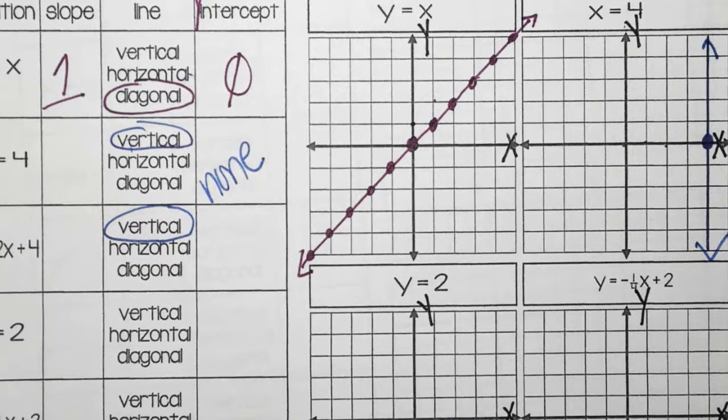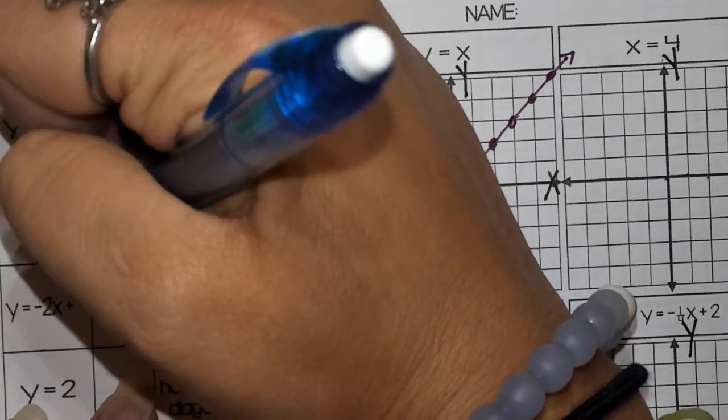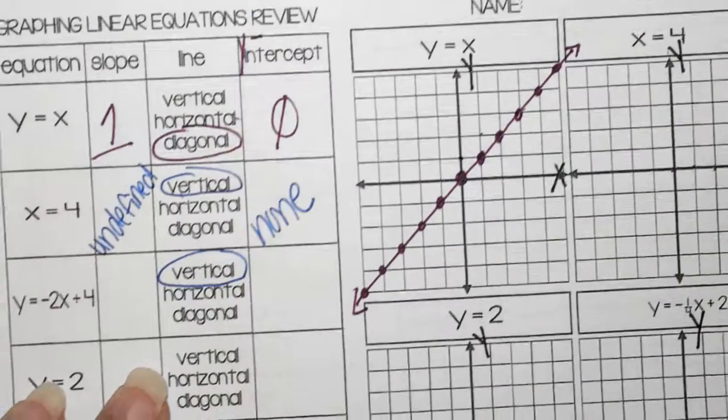Does anybody remember what the slope of a vertical line is? It's not 0. The slope starts with a U. Undefined.